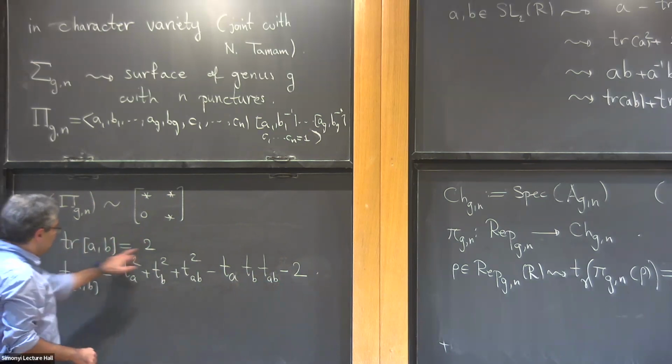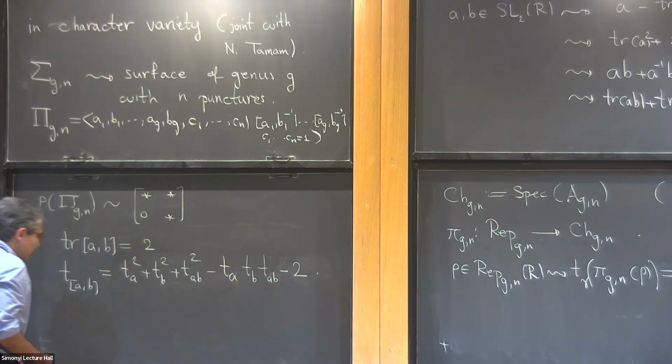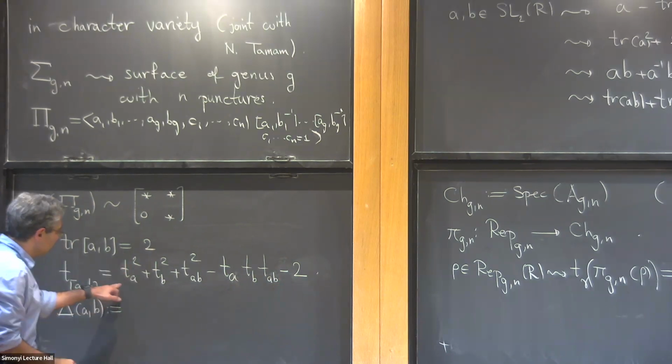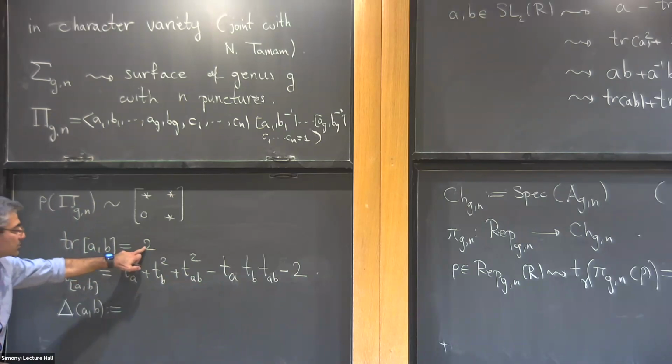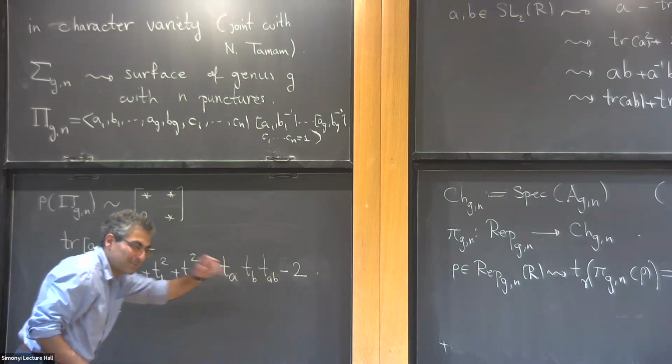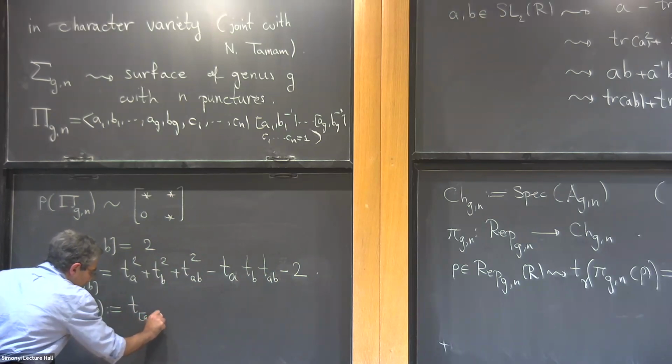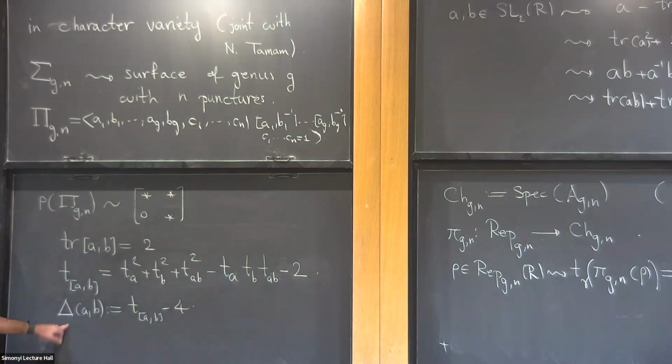So this equality is asking for what we call the discriminant of two elements, delta AB, which is equal to this thing minus 2. So that's why I had this minus 4 there. That is what we call the discriminant of these two elements.